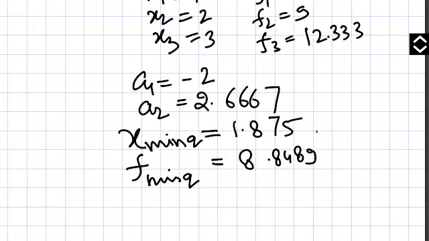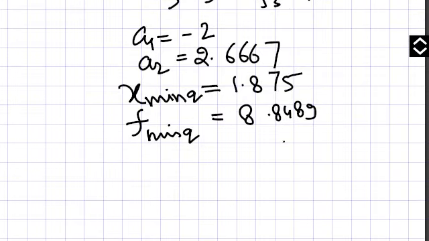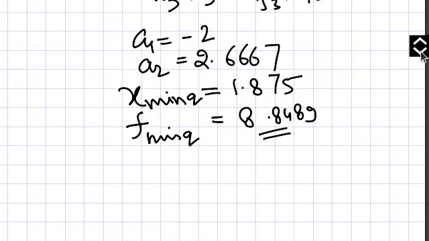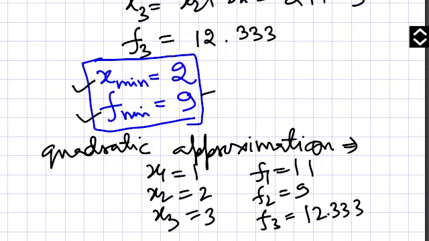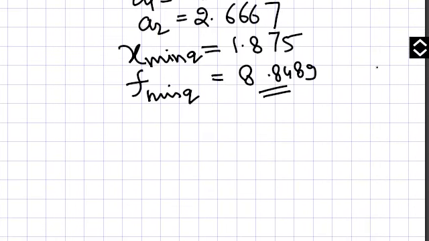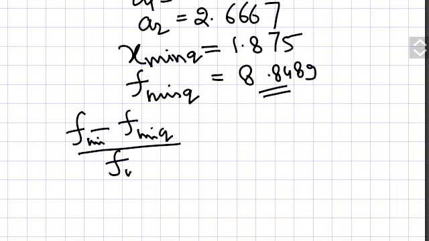Now we will find out the error, because we can say that this method is giving you the value 8.84, and our manual method is giving you 9. So there is a difference between these two. So for error you need to take f minimum minus f minimum q divided by f minimum q.